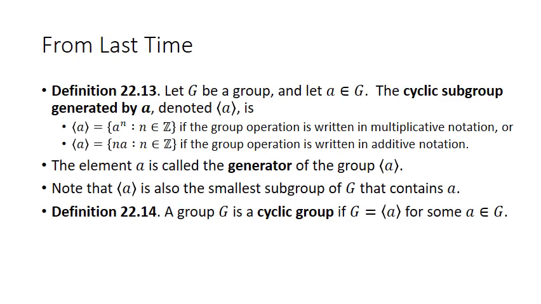Okay, so a couple of items from last time that are going to be relevant today is Definition 22.13. Let G be a group, and let A be an element of G. Then the cyclic subgroup generated by A is denoted like this, angle brackets A. There are two different definitions, one for multiplicative notation and one for additive notation.